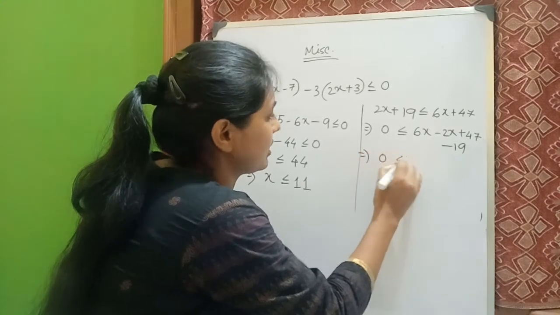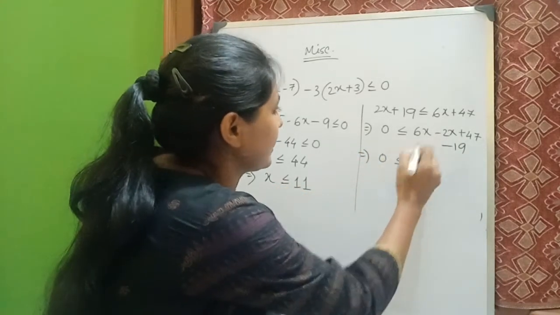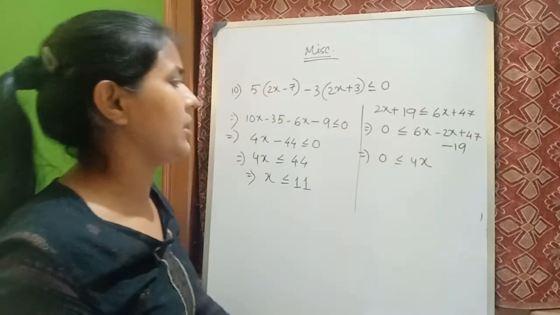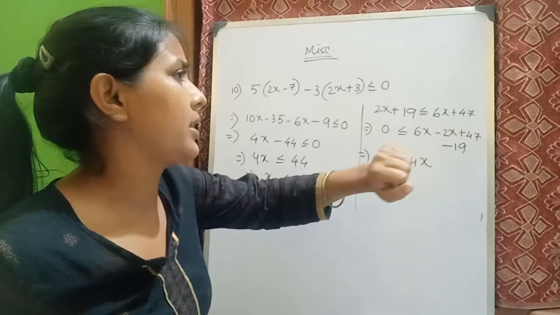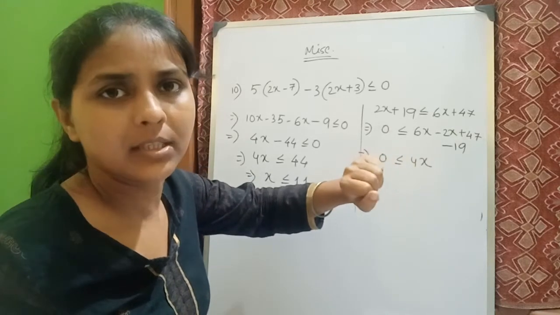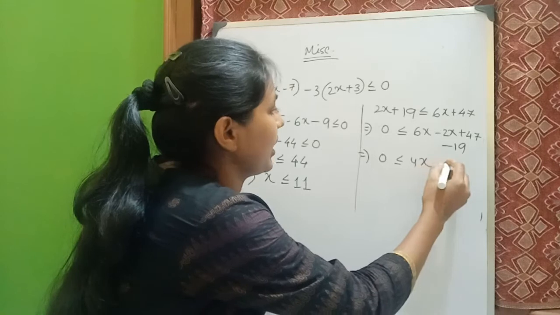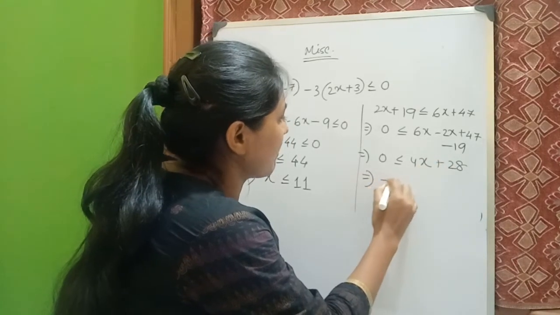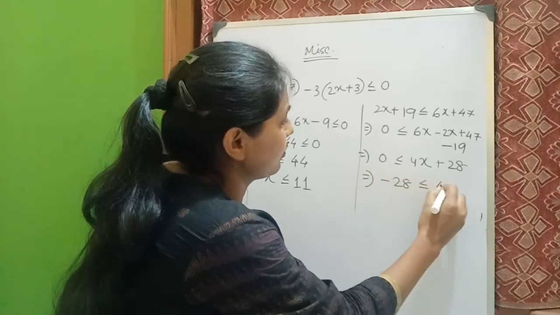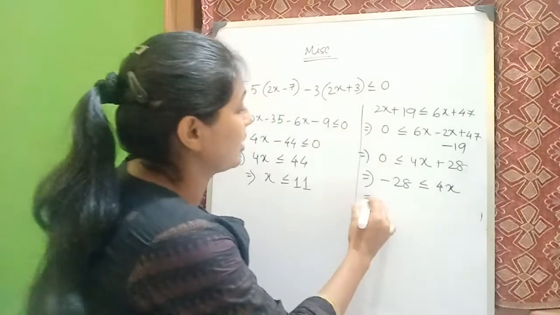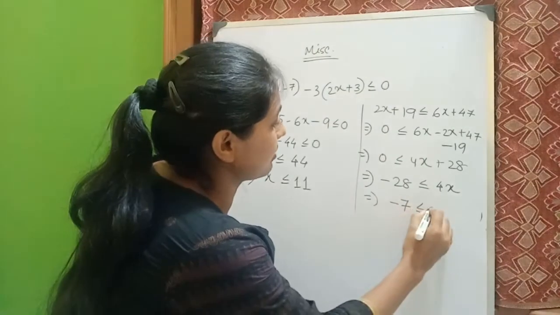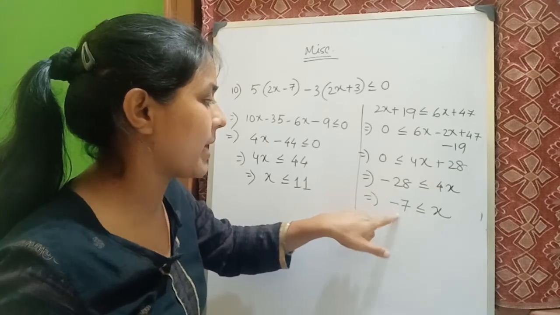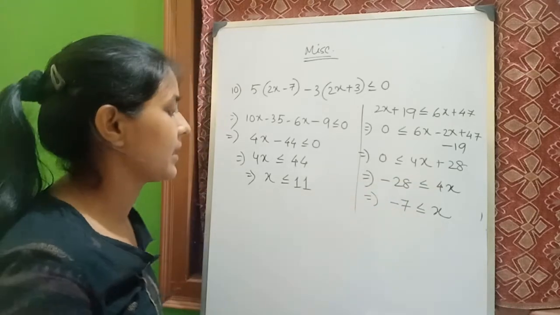That means 0 less equals to 4x plus 47 minus 19. 47 minus 19 is 28, right? So minus 28 less equals to 4x. That means minus 7 less equals to x, because minus 28 by 4 is minus 7.